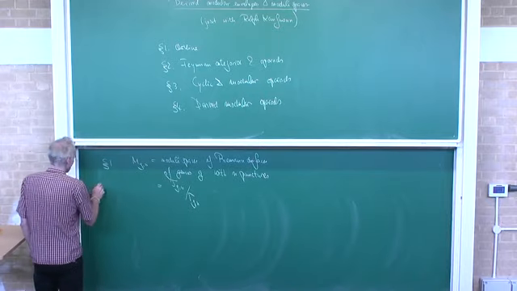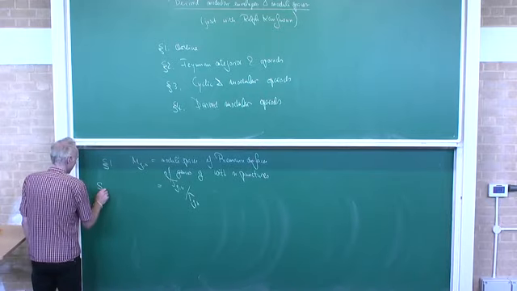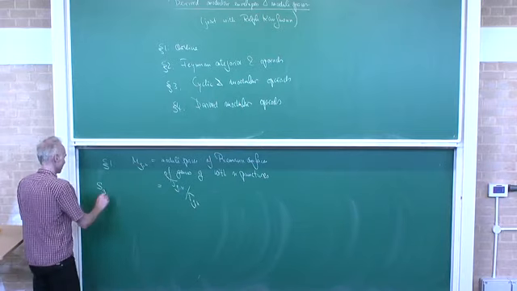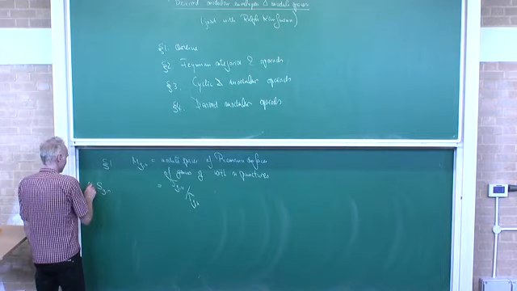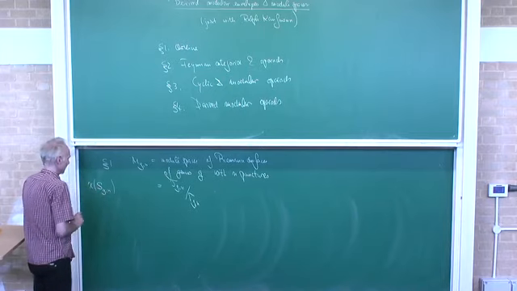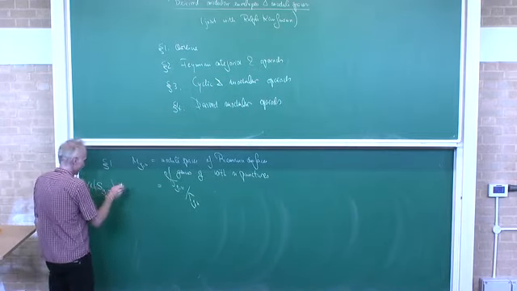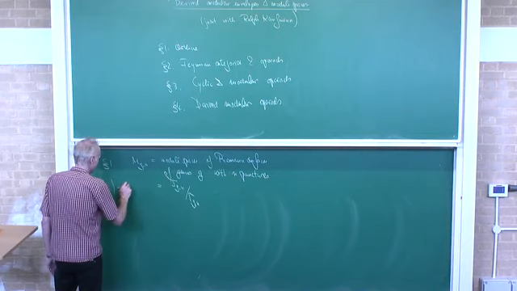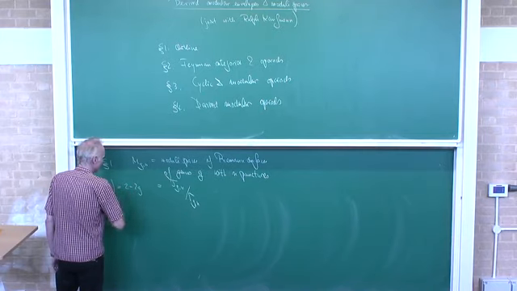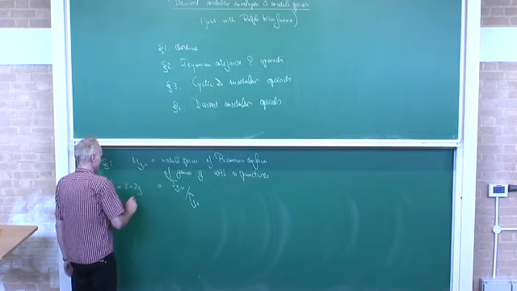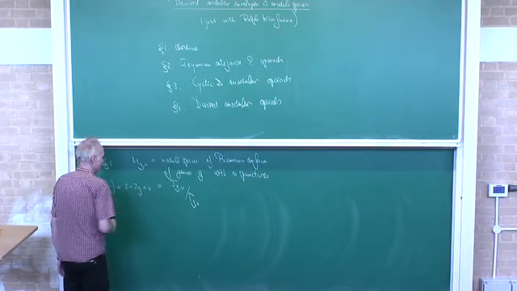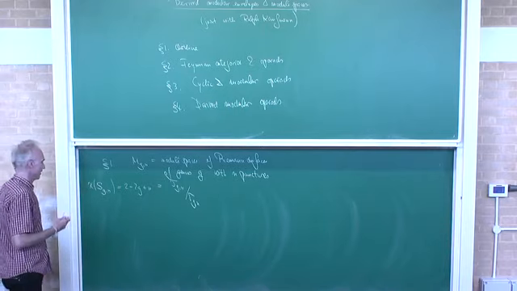So say you have a surface of genus g with n punctures, and the Euler characteristic is 2 minus 2g minus n, and this should be negative.